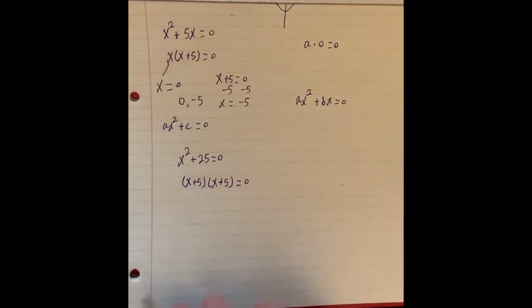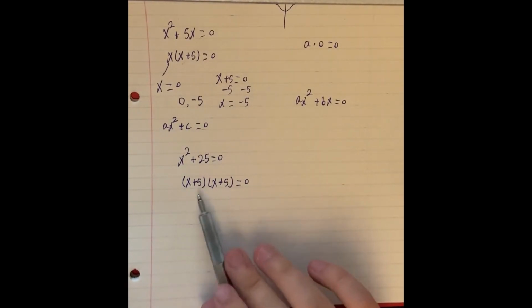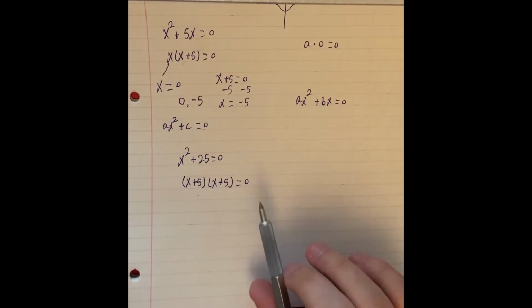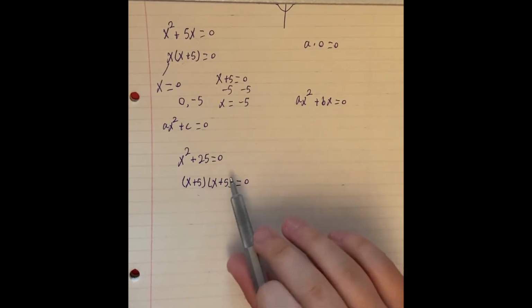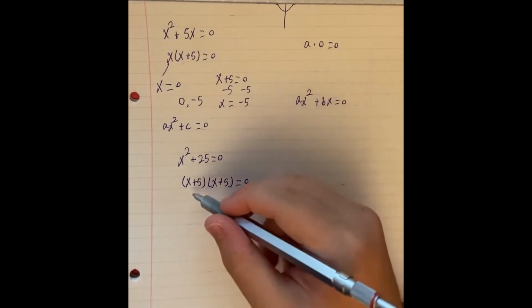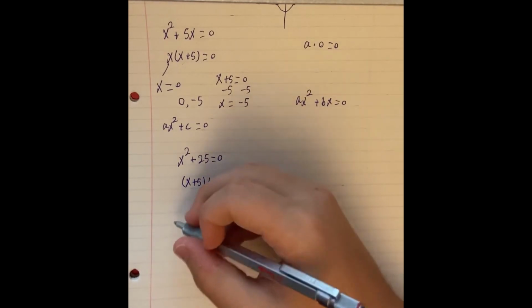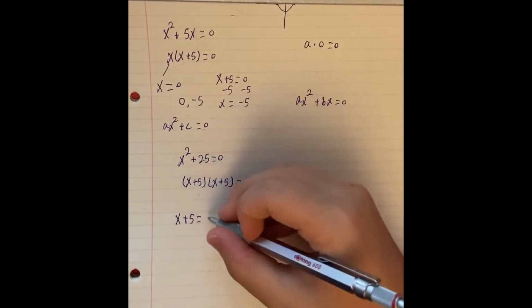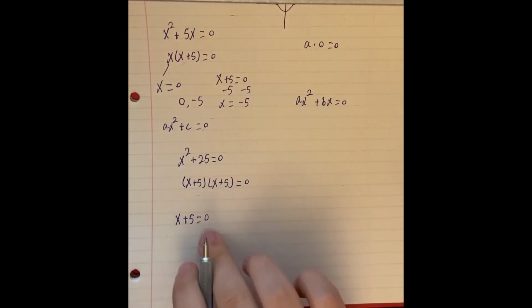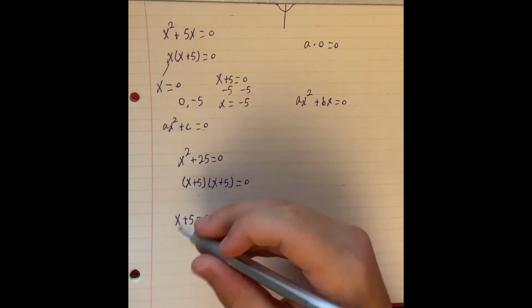Like I mentioned earlier, when we have two numbers that multiply and the product is 0, one of the factors is 0. Because these factors are the same, we can just take one of them, x plus 5. What value of x makes this factor equal to 0?